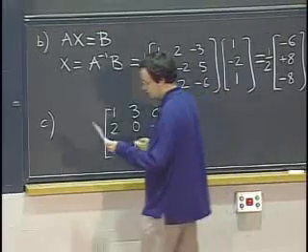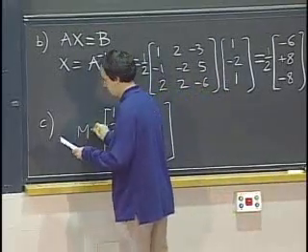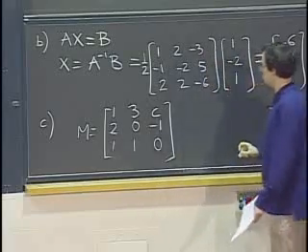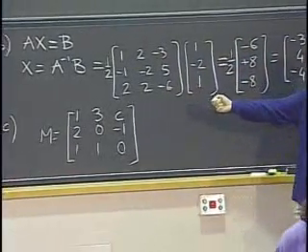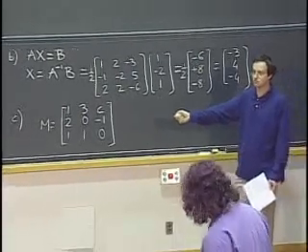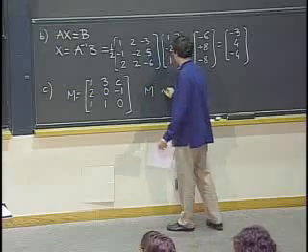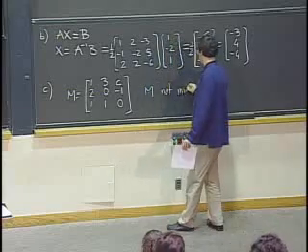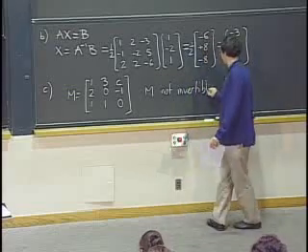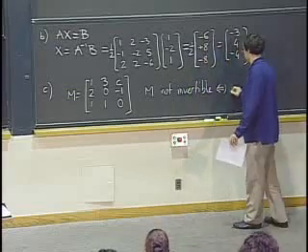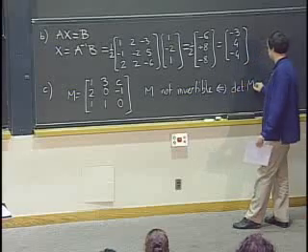And well, let's call that M. And it first asks you to find a value of C for which this matrix is not invertible. Okay? So M is not invertible exactly when the determinant of M is 0.